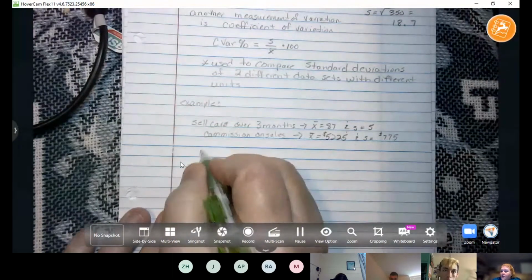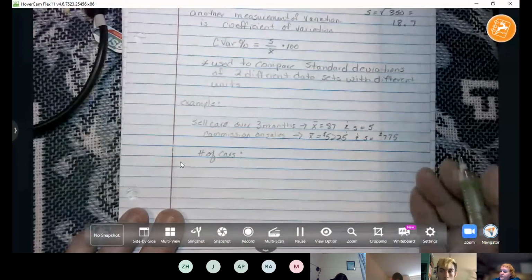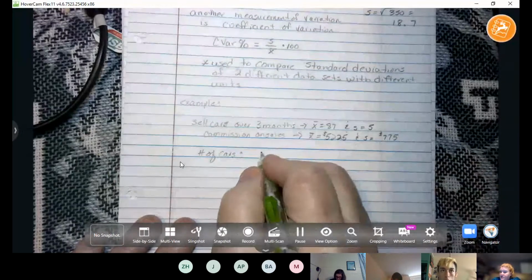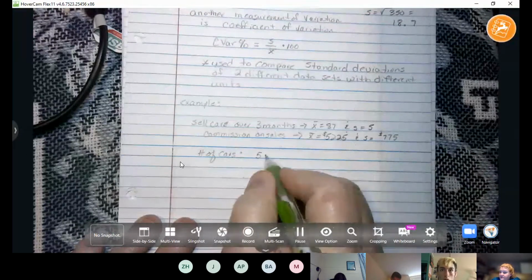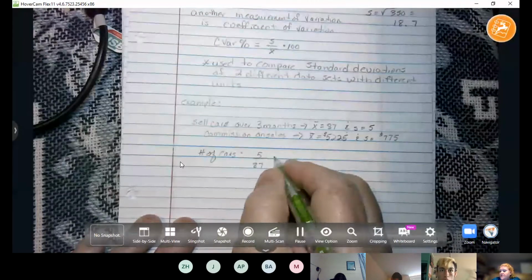So for the number of cars, we're going to do the standard deviation, which is 5, over the mean, which is 87, times 100. That's going to give us 5.57%.